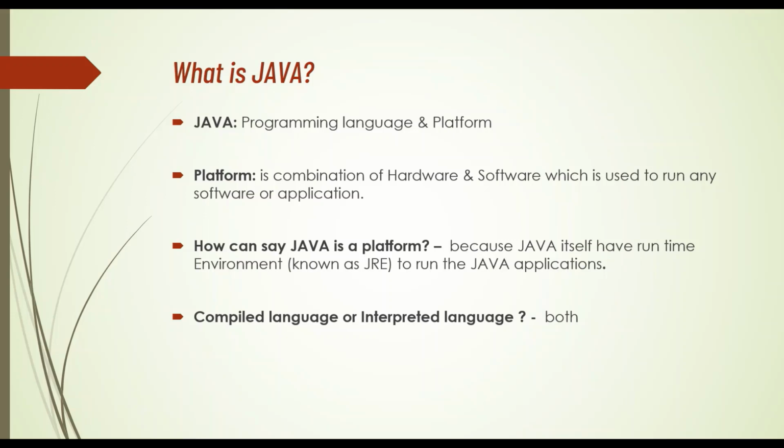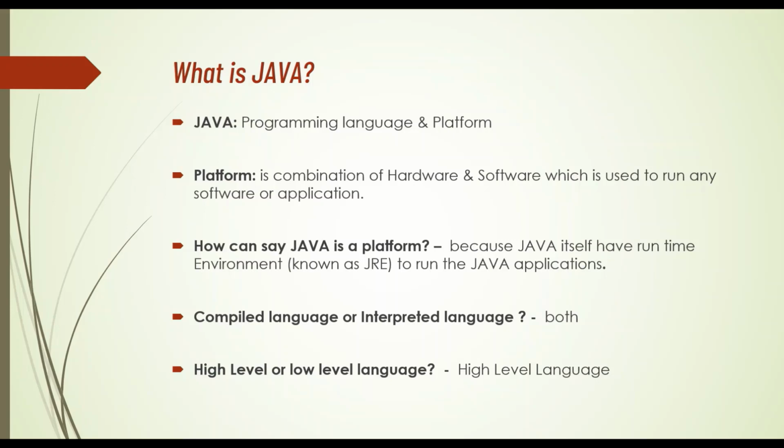Now the question arises whether Java is a compiled language or an interpreted language. We know a few languages are compiled and a few are interpreted, but Java is the only single language which is both compiled as well as interpreted. And now, whether Java is a high level language or a low level language.